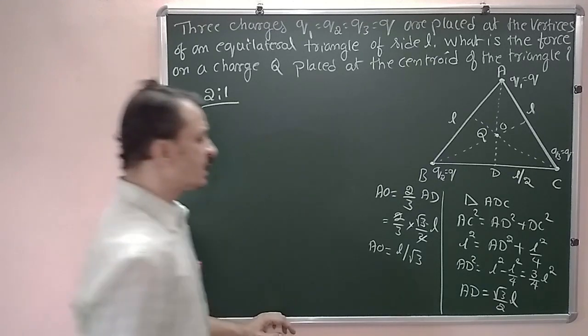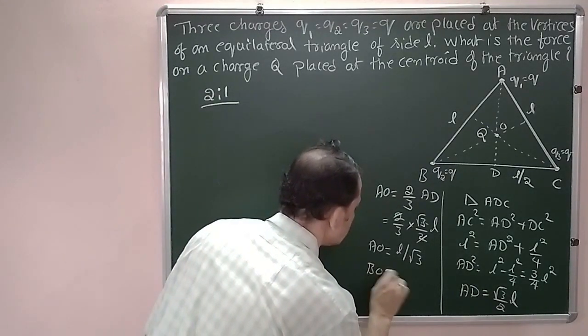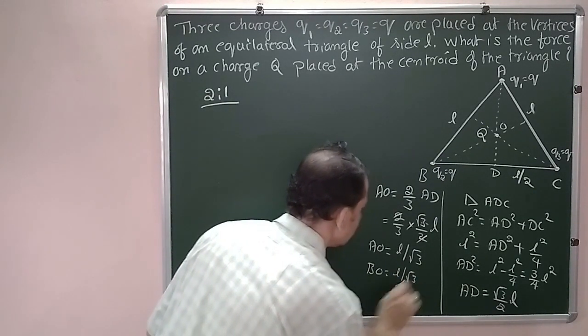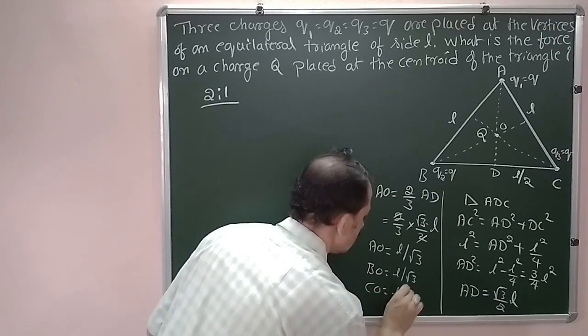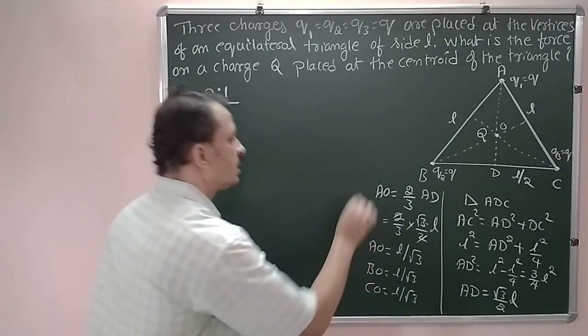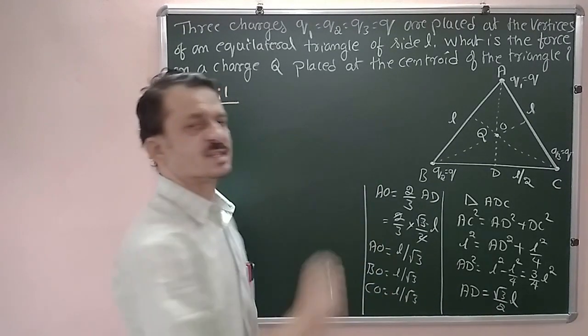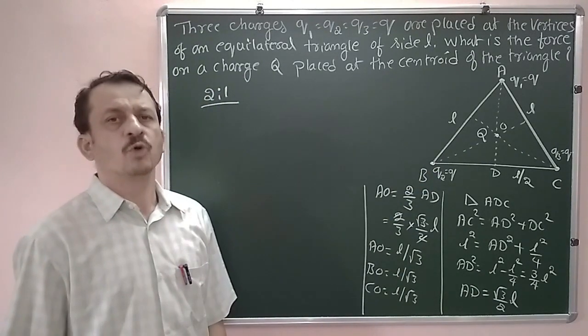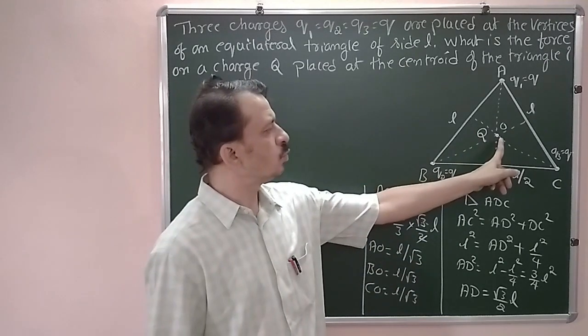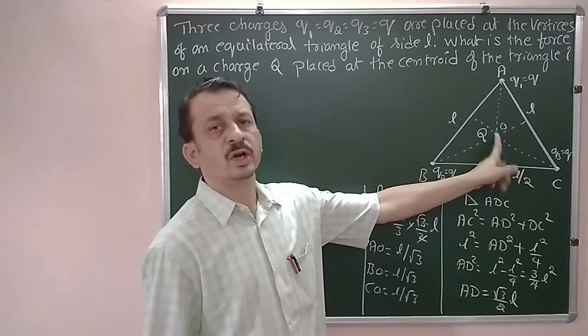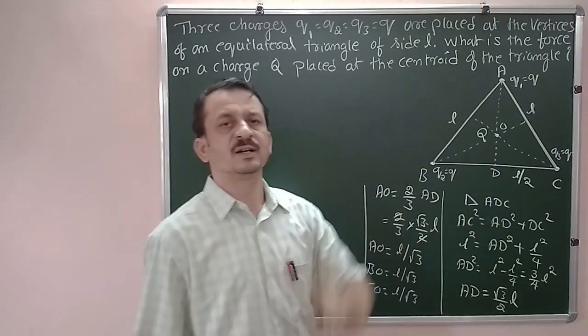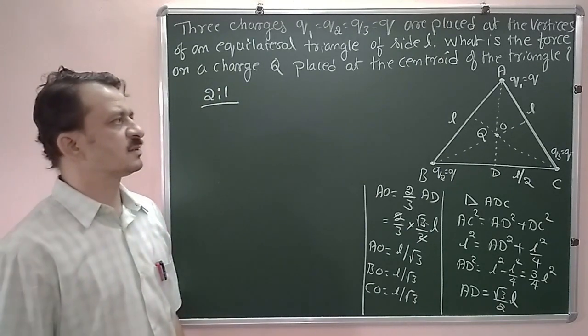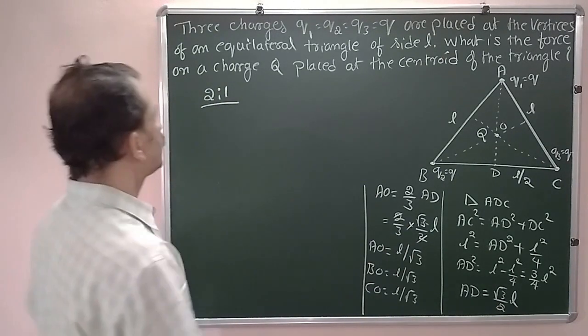Since it is an equilateral triangle, BO is also L by root 3 and CO is also L by root 3. After finding these distances, now we have to work out the force on capital Q placed at the centroid due to the charges at 3 vertices. Okay. Now let me take the force F1.